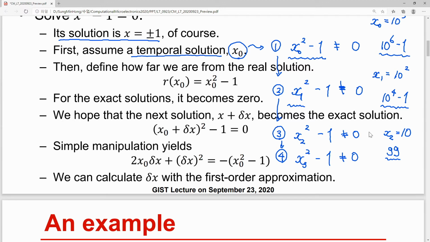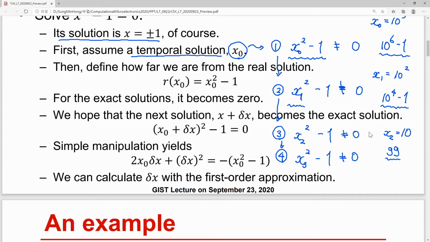In this Newton-Raphson method, usually we cannot arrive at the exact solution. But in numerical sense, we can find an arbitrarily close solution to the realistic solution.